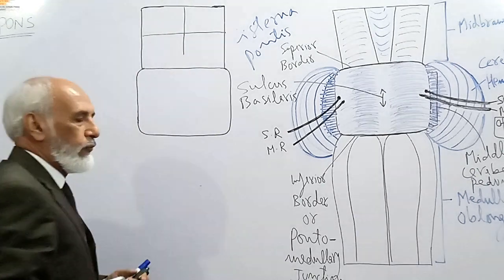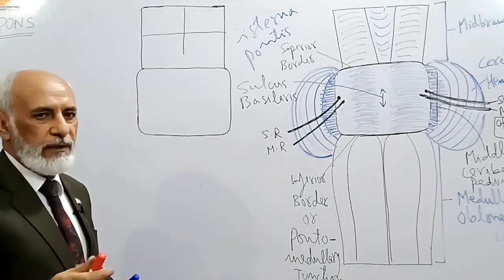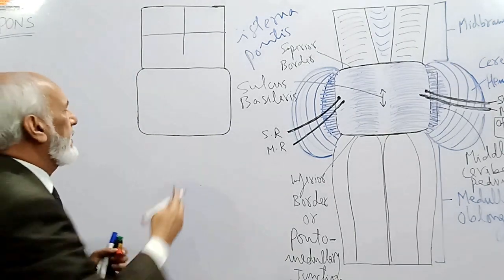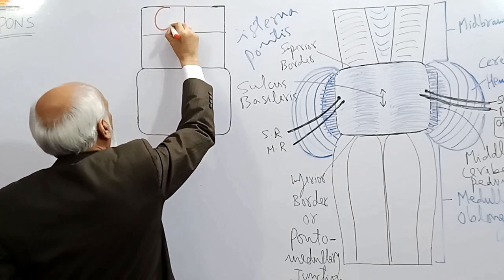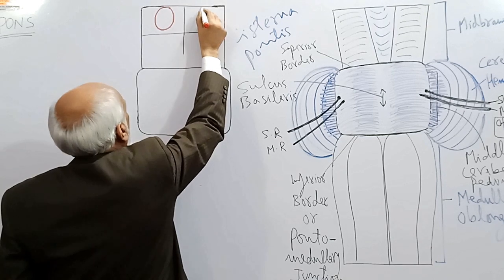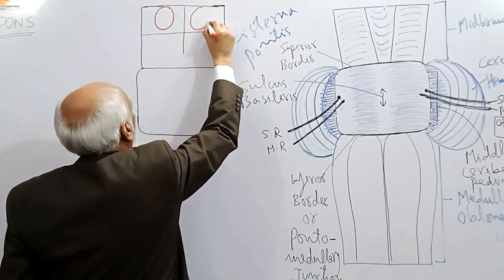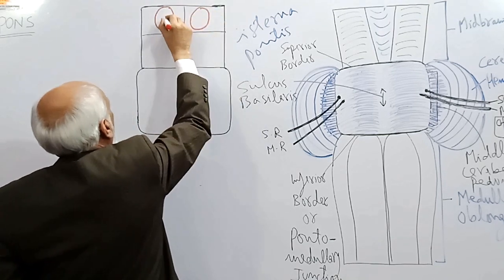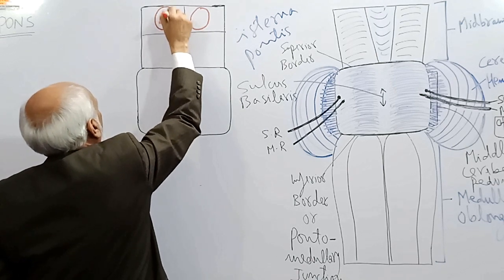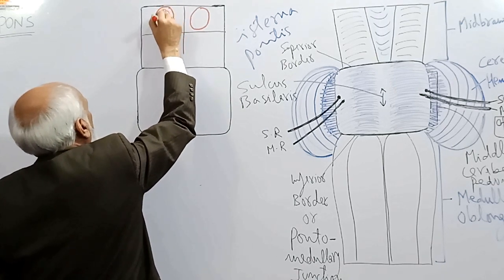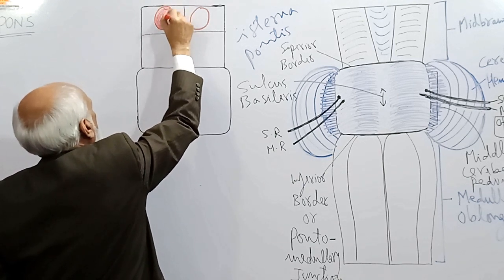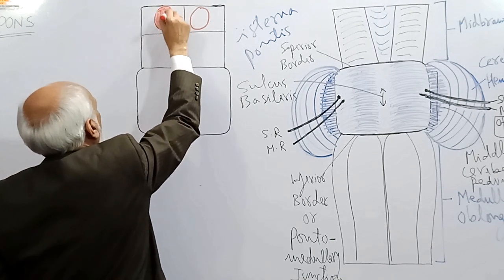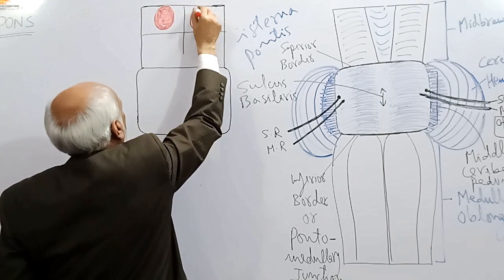Here there are four swellings collectively known as the corpora quadrigemina. Individually these are known as the superior colliculi and inferior colliculi: a pair of superior colliculi and a pair of inferior colliculi.